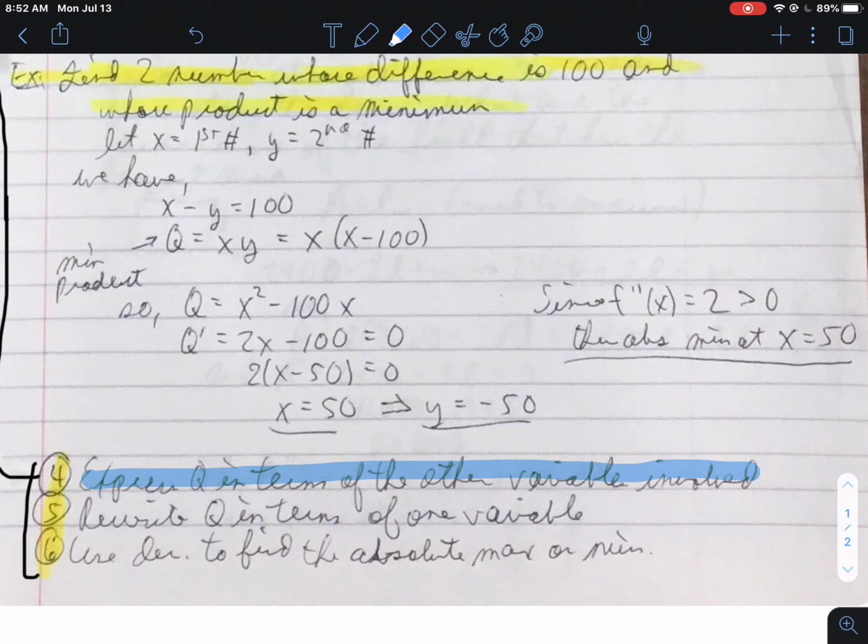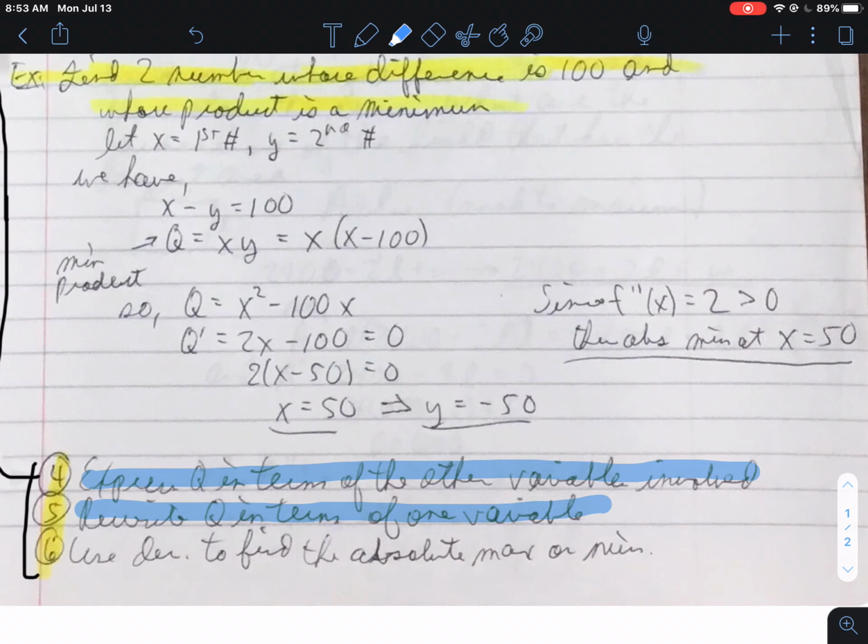So in order to do that, we need that equation written in terms of a single variable. Right? So if I have the area for a rectangle, area equals length times width, and I want to differentiate that function, I need it strictly in terms of either the length or the width. So what we're going to have to do is sub out one of those variables using some other relationship that exists between those unknown quantities.